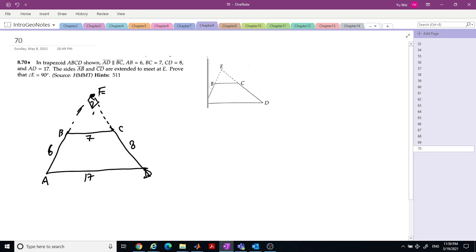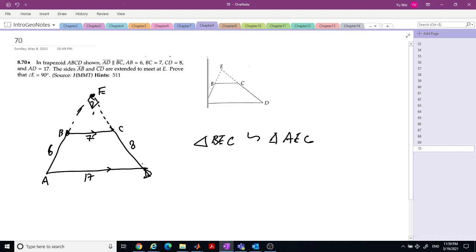Okay, so you can see triangle BEC, because they are parallel, is similar to triangle AED.